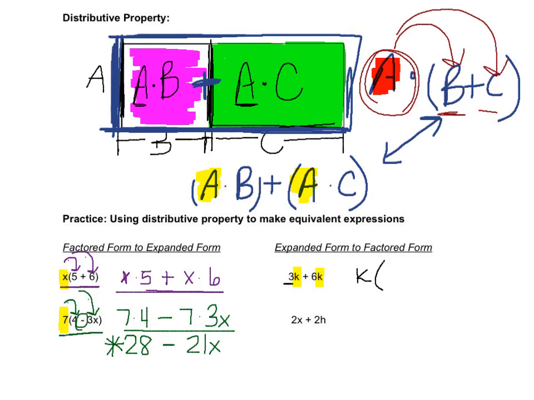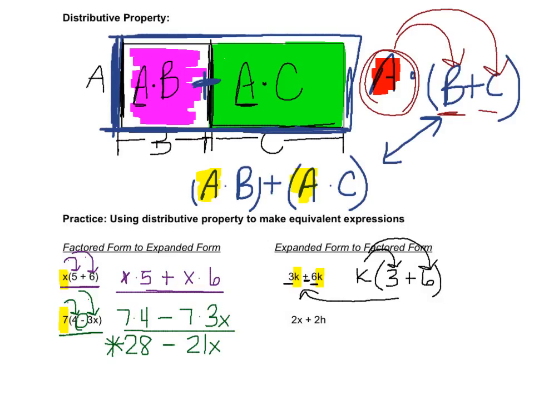Then I take the pieces that are left over, the 3, the 6, and my operation, the plus sign, and I put those inside the parenthesis, 3 plus 6. Now I have gone from expanded or stretched out to factored form. And hopefully you can see that if I were to undo that, the k would be shared with the 3, and the k would be shared with the 6, which would give me my expanded form right back.